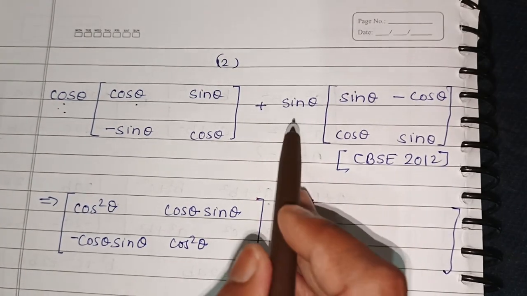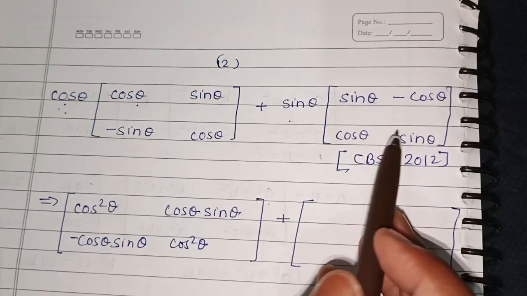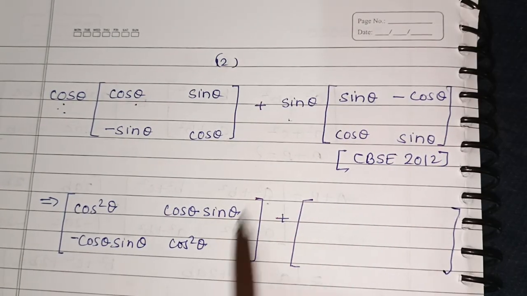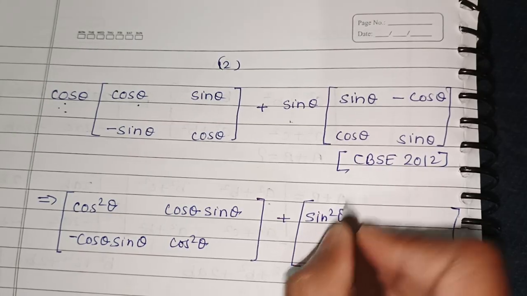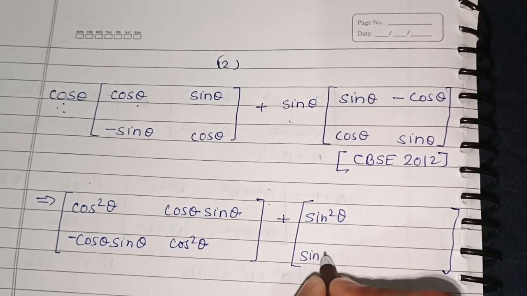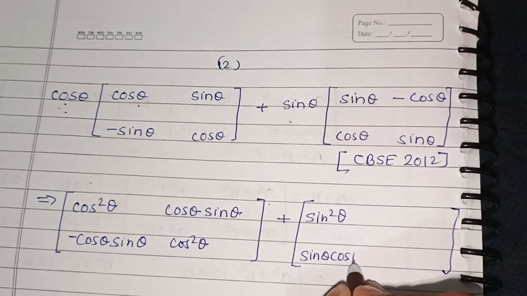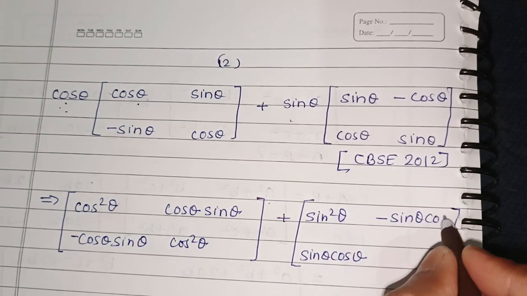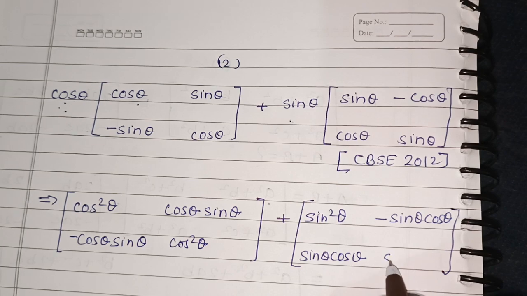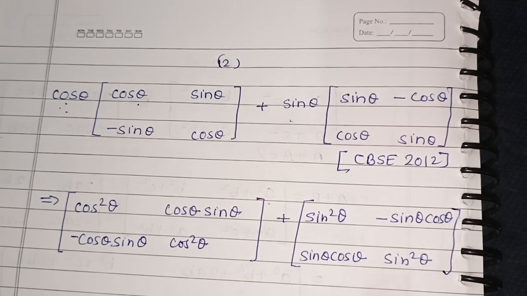Similarly, we will multiply by sin theta in each element of this matrix. So that is sin square theta, sin theta cos theta, minus sin theta cos theta, and that is sin square theta.